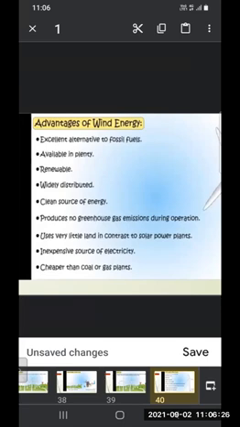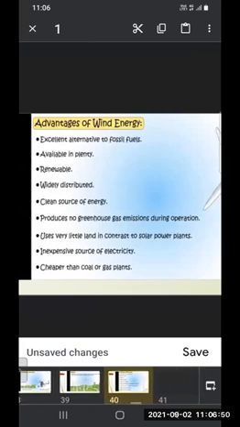Solar power plants need more space, wind energy needs less. Inexpensive sources of electricity. Okay, there are not many expenses. Cheaper than coal or gas plants. It is very cheap as compared to coal or gas power plants.